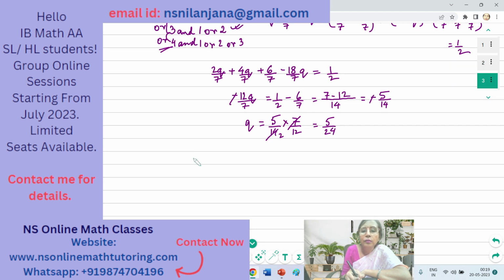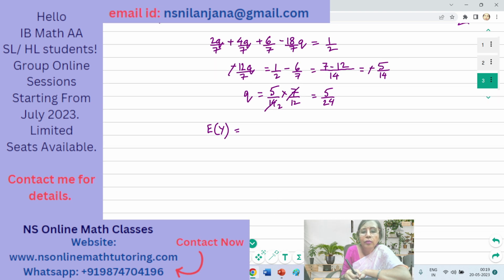So EY, expected value of Y, is equal to 4 minus 6Q, which is equal to 4 minus 6 times 5 over 24. 6 times 4 is 24, so it is 4 minus 5 over 4.